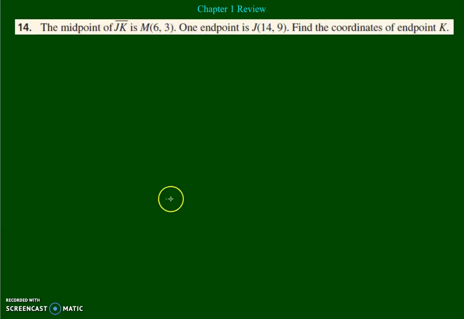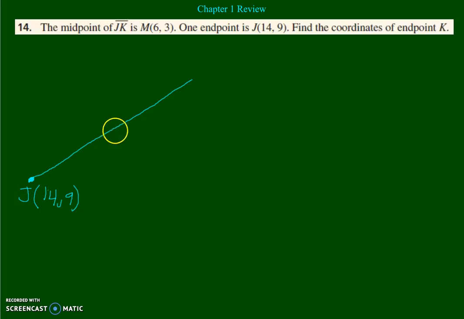So graphically, I'm just going to represent this as a segment. So let's just put a segment in here. And we're going to call this endpoint down here J, and that's at (14, 9).